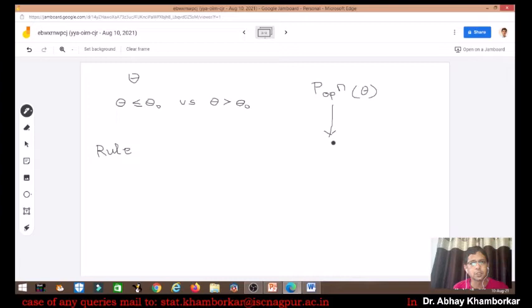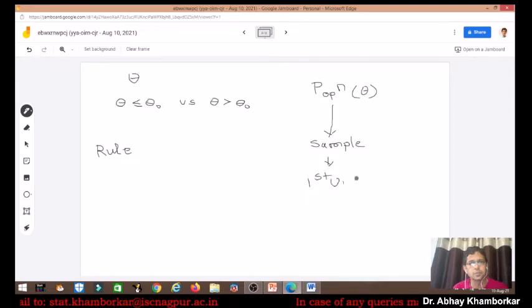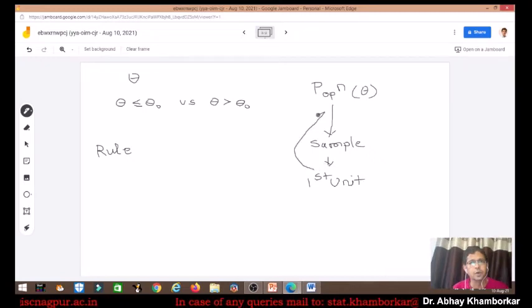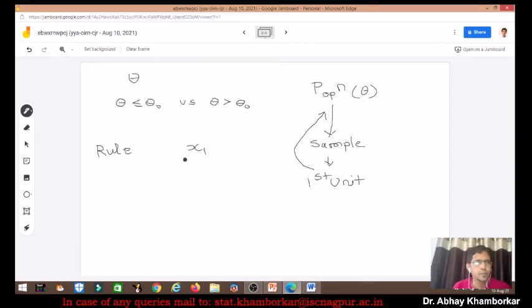Now drawing a sample means, I will draw the first unit, that means the first sampling unit from this population. So in the sense that I am drawing one unit from this particular population, suppose that unit is denoted by x1.